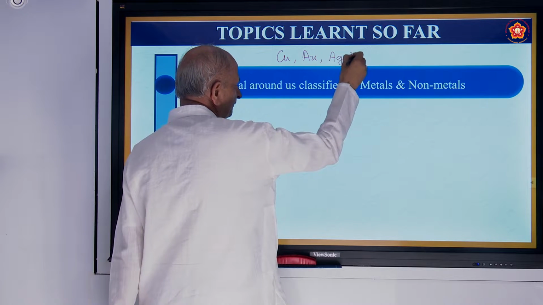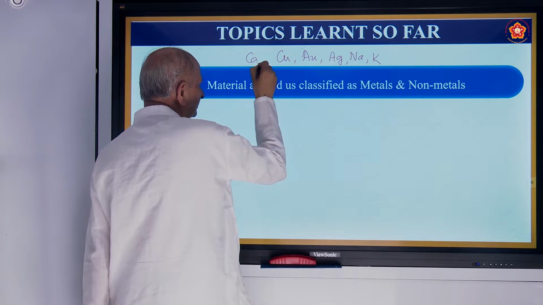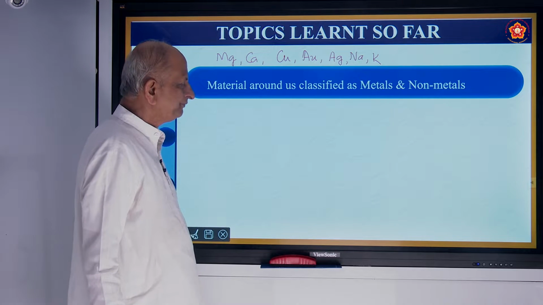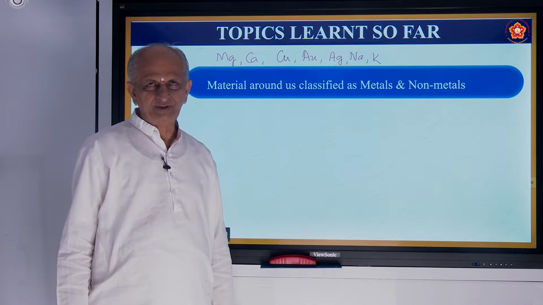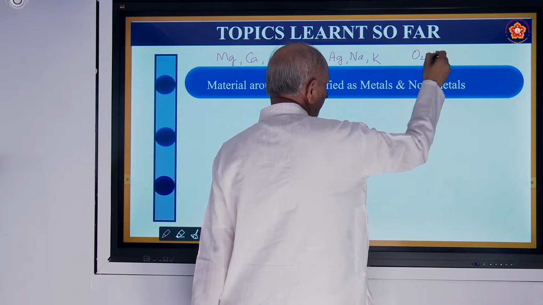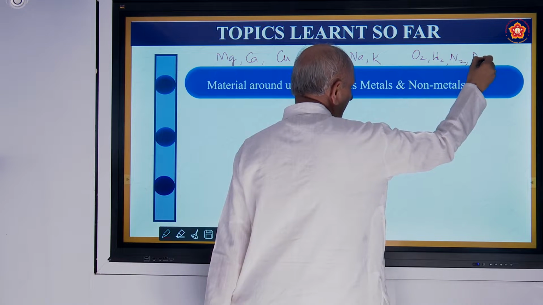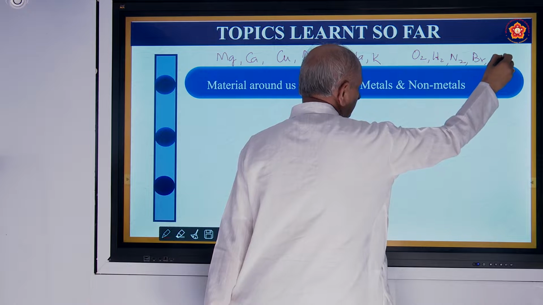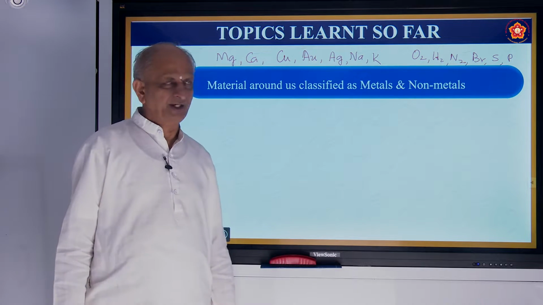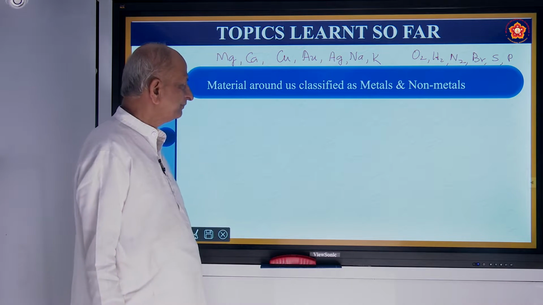Then sodium, potassium, calcium, magnesium, all these are called metals. And also you come across non-metals like oxygen, hydrogen, nitrogen, bromine, a liquid non-metal, sulfur, phosphorus, carbon, etc. More than 80 are metals, about 20, 22 are non-metals.